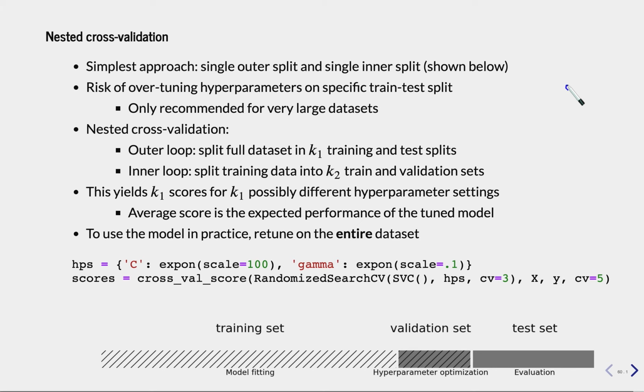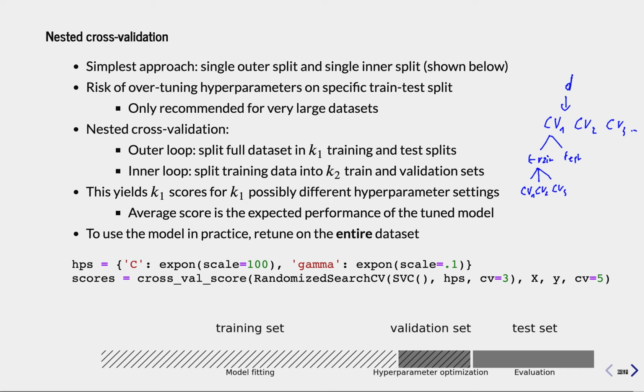So we have our original data set, and in our outer loop, we build different folds with cross-validation fold 1, cross-validation fold 2, cross-validation fold 3, and so on. This will consist of train and test. We then separate this training set again in inner cross-validation 1, inner cross-validation 2, inner cross-validation 3.